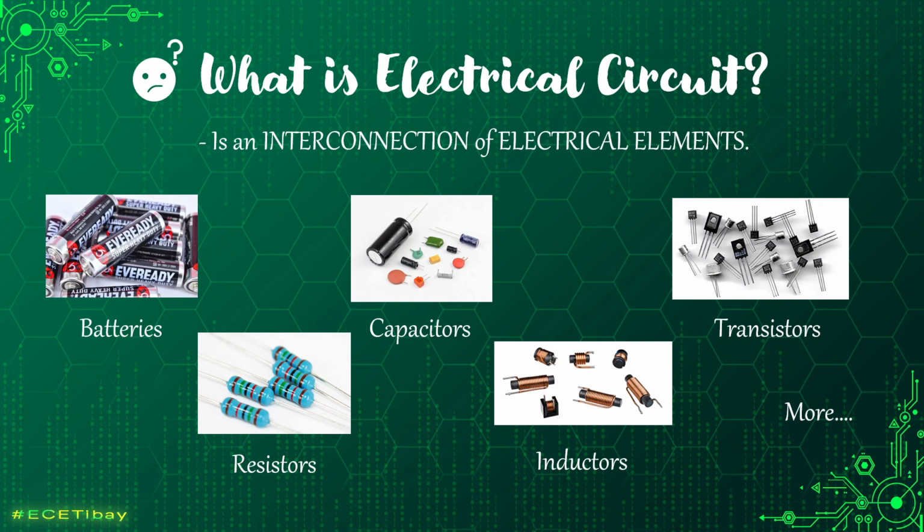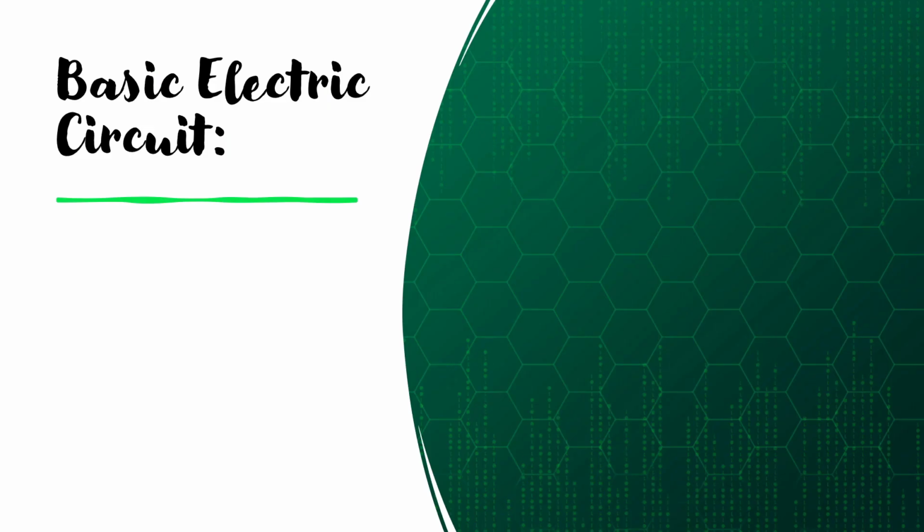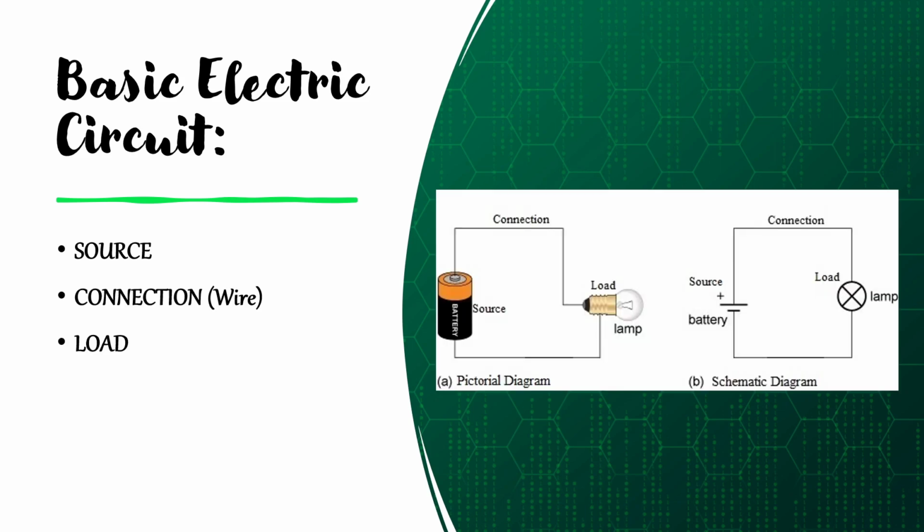To give you an example, I'm going to show the basic electric circuits. The most basic electric circuit consists of a source, a connection, and a load. This is an example of a basic electric circuit. I'm going to change the pointer, this is a pointer now.